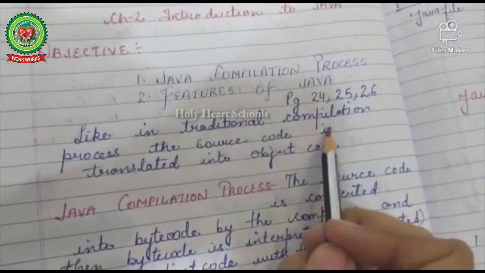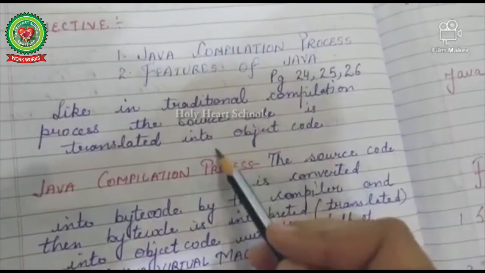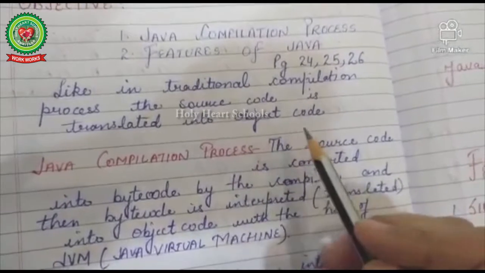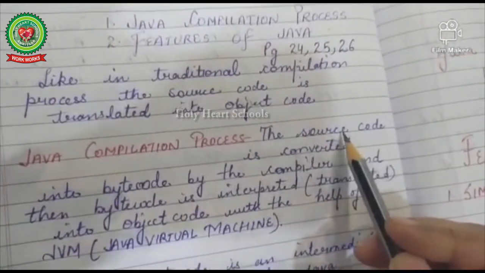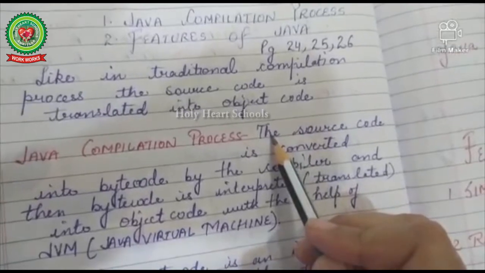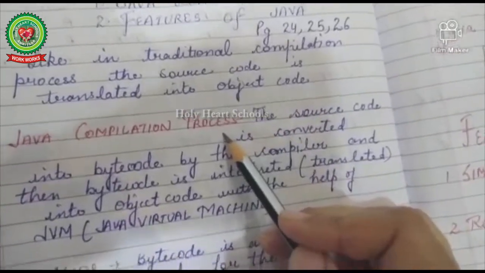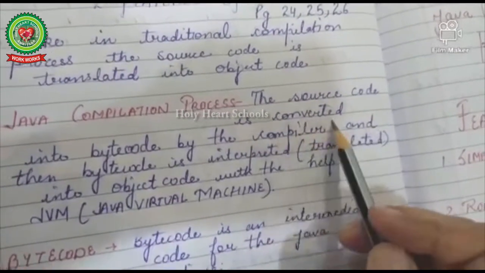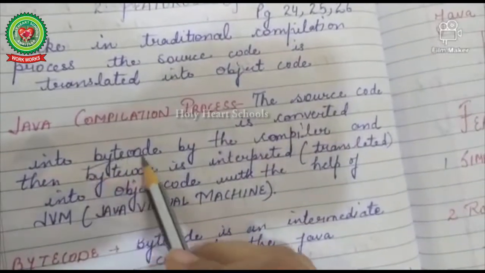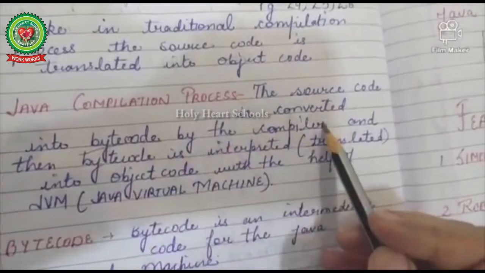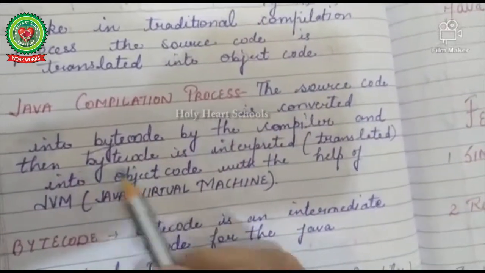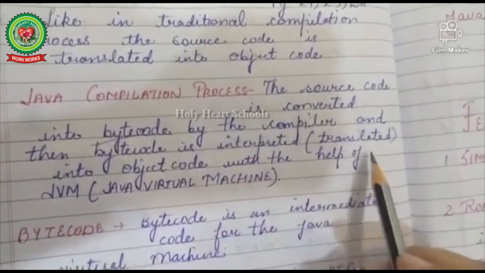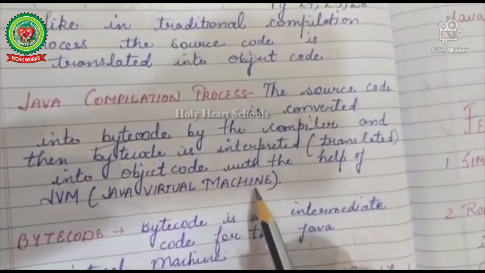In the traditional compilation process, the source code is translated into the object code, but as we know that Java is both a compiled and interpreted language, so in the Java compilation process, the source code, that is our high-level programming language, is converted into bytecode, that is intermediate code, by the compiler, and then the bytecode is interpreted, means translated into the object code, with the help of the Java virtual machine.